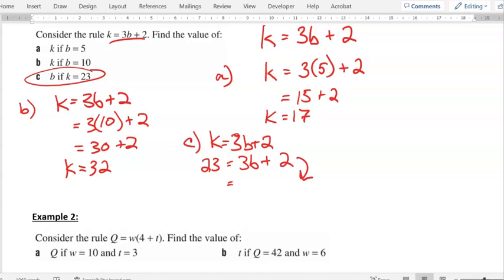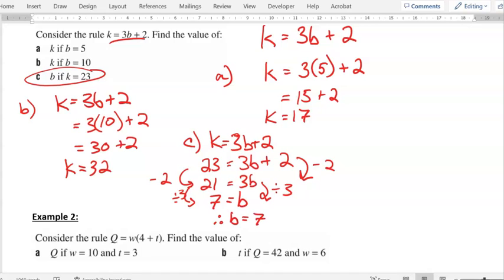How do we get rid of a positive 2? We take away 2. That leaves us 21 equals 3b, and we want one b, so we divide by 3 on both sides, and we'll get 7 is b. Therefore, because we're asking the question, we should say that b equals 7.